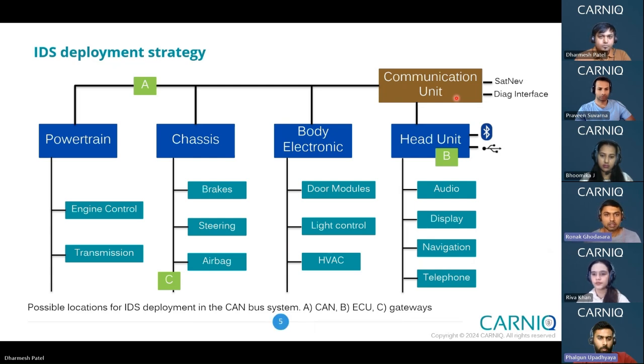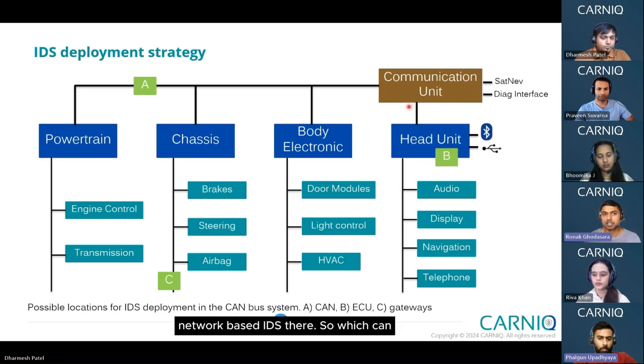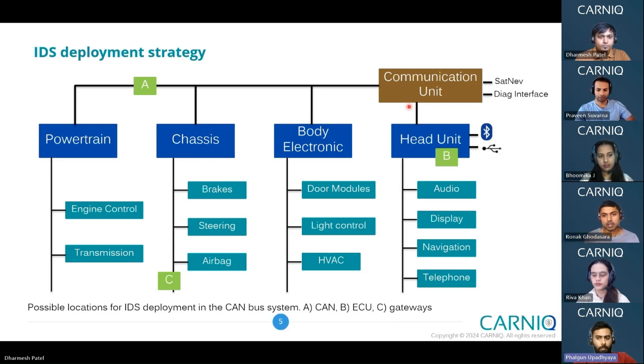And Ethernet, CAN, and other networks are generally managed by gateway ECUs. All the traffic, what comes in and out, is managed by the gateway ECUs. So we can implement a network-based IDS there, which can monitor and detect network anomalies. Those kinds of IDS can be implemented in gateway ECUs and other small ECUs.